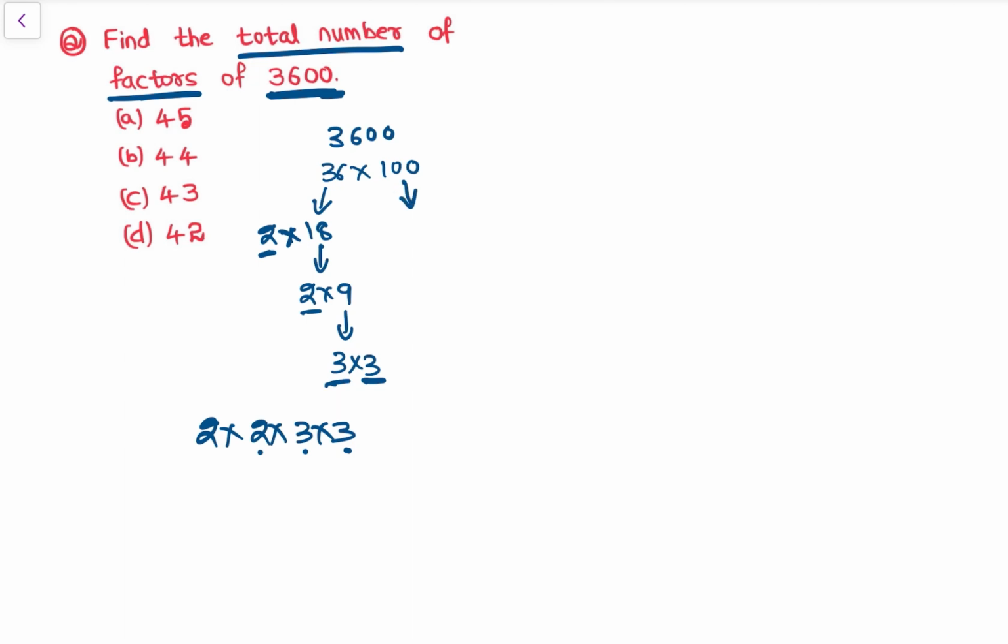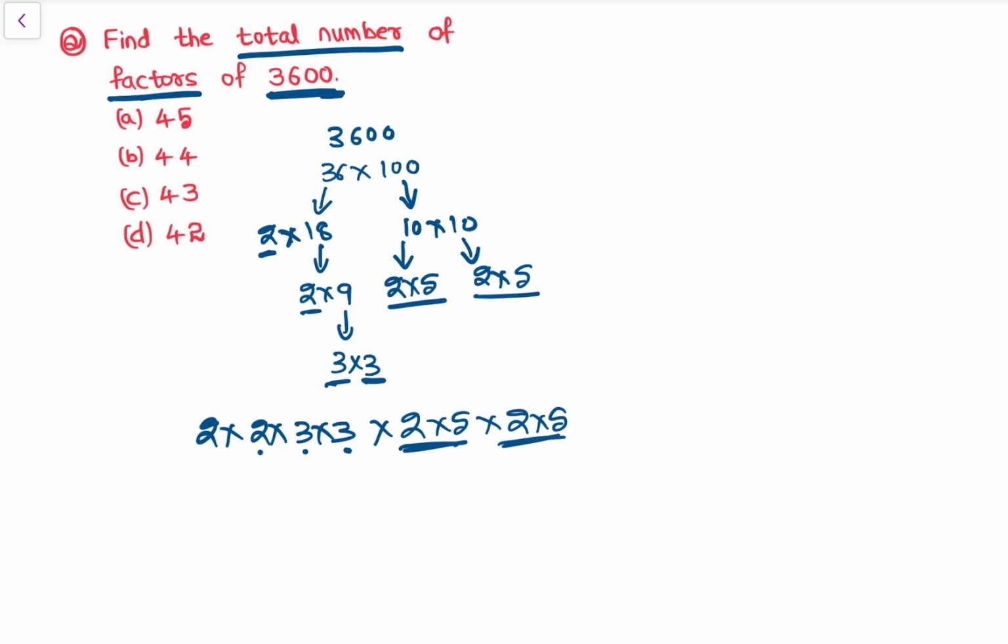Now we have to write 100 also. So 100 can be written as 10 into 10. 10 can be broken down as 2 into 5, and this 10 can also be broken down as 2 into 5. So 2 into 5, 2 into 5 is 10, 10 into 10 is 100.